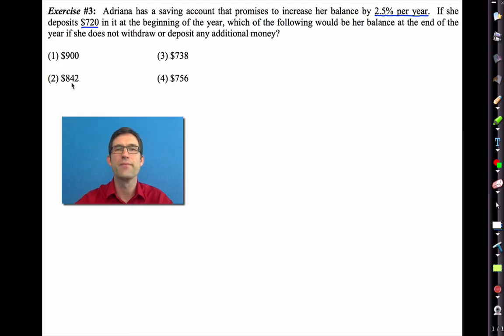All right, let's go through it. Well, we could do it in two steps. We could figure out 2.5% of 720 and then add it on. But if we want to do it all in one swoop, then what we really want to do is get 100% of the 720 plus an additional 2.5%. So we'll do 720 times 1.025. Obviously, calculators are nice for this.